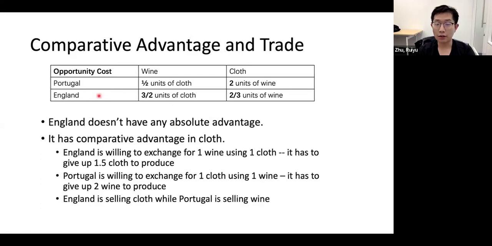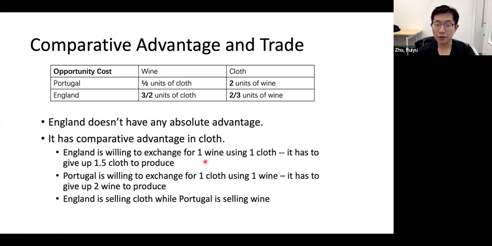Remember, England doesn't have any absolute advantage, but they have comparative advantage in cloths, right? Because their opportunity cost for cloths is lower than Portugal. So imagine that if England wants to get into trade and export cloths, so basically they are exchanging for Y using cloths, because they are selling cloths and buying Y, right?